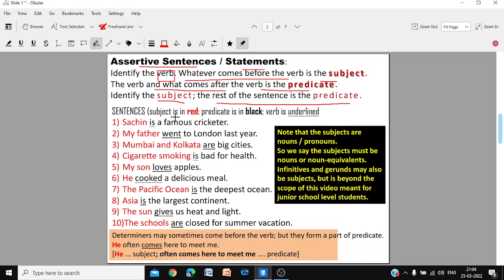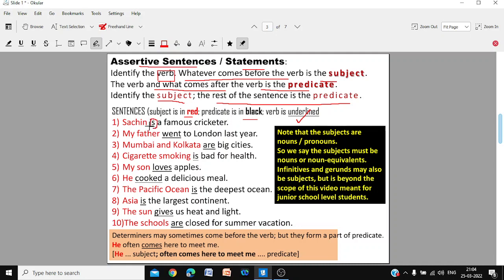Now here we have the subject in red color, the predicate in black color, and the verb is underlined. The verb is also in black, it forms a part of the predicate, but the verb is underlined. So first you identify the verb.